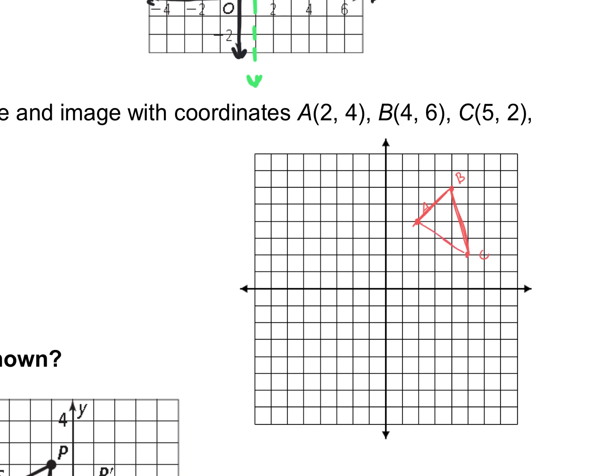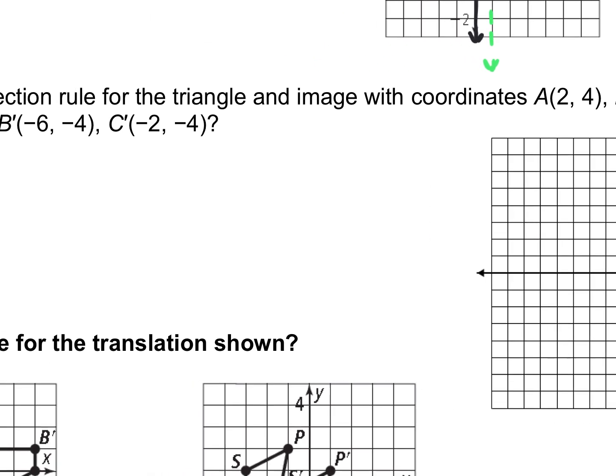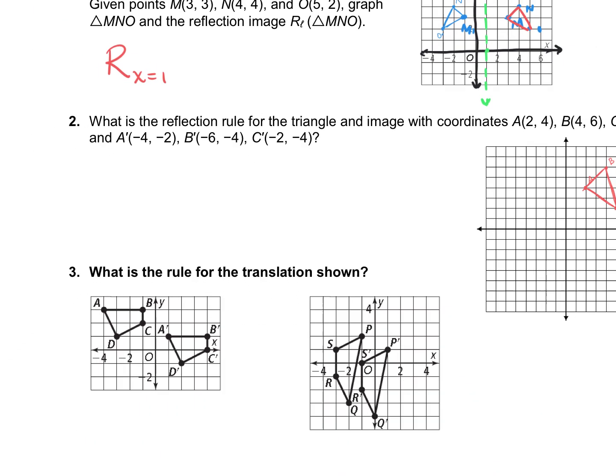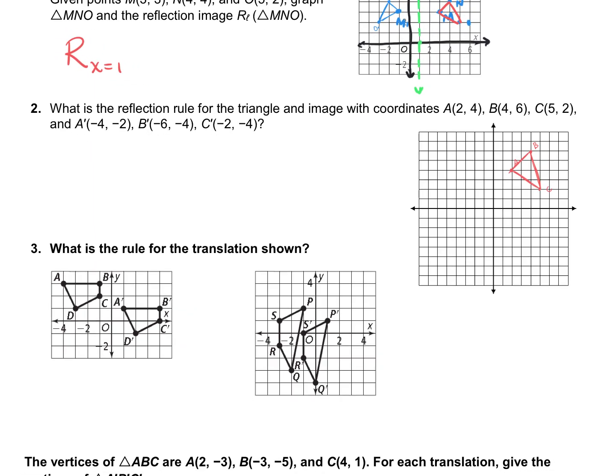Now this got reflected and ended up at our image, which are these ordered pairs over here. So we're going to plot these points, and then once we see the pre-image and the image, that will help us find the reflection line. All right, so A prime is at negative 4, negative 2. So from the origin, I'm going to go to the left 4, 1, 2, 3, 4, down 2. That's A prime. B prime is negative 6, negative 4.